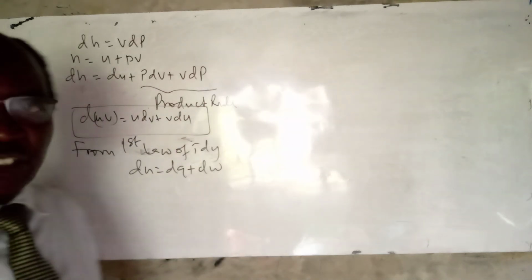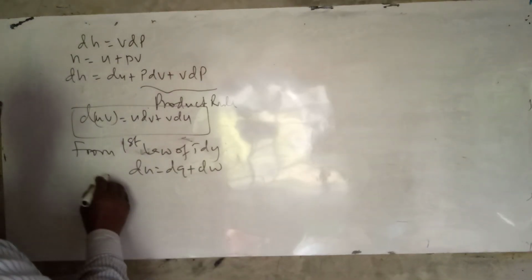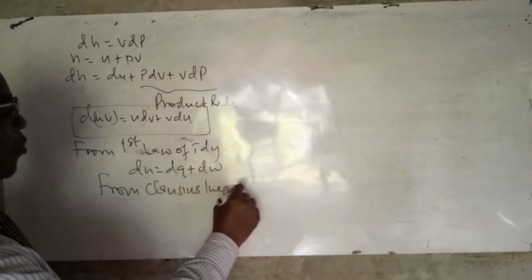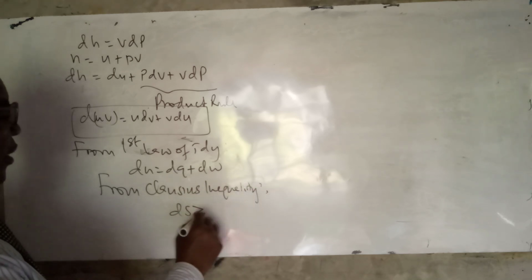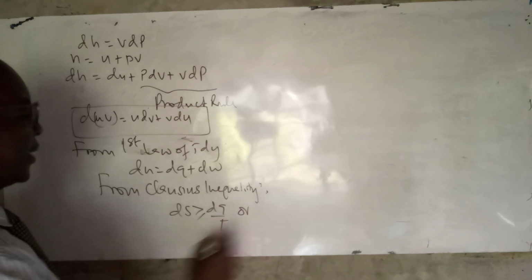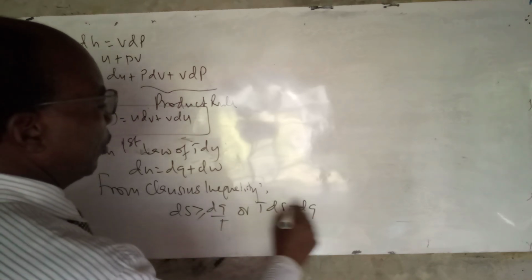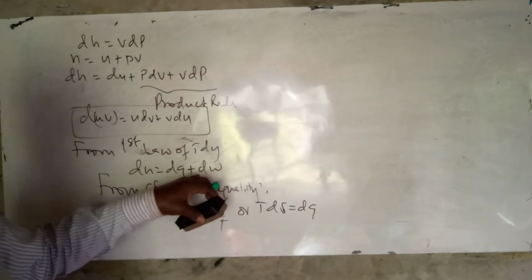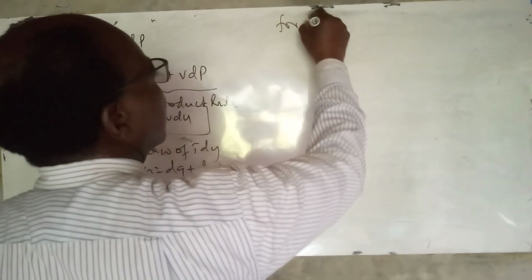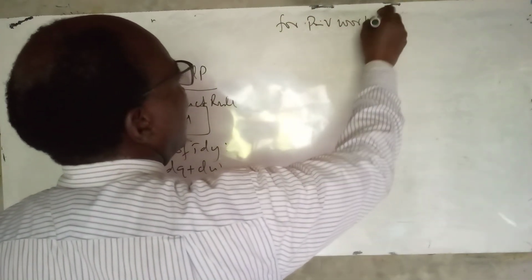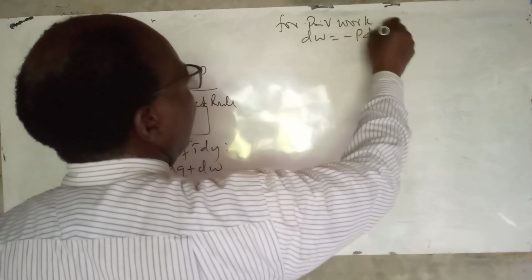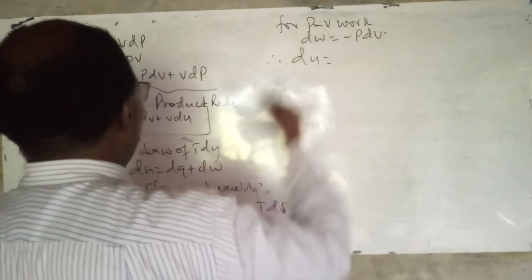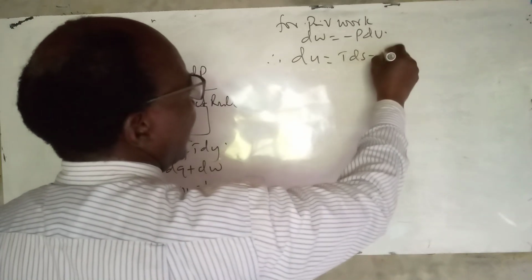And if you remember earlier discussions, from the Clausius inequality, we know that dS is equal to dq over T, or we can say that TdS is equal to dq. And for pressure volume work, dW is equal to minus PdV. So if you substitute that in the expression for the first law, we have that dU is equal to TdS minus PdV.